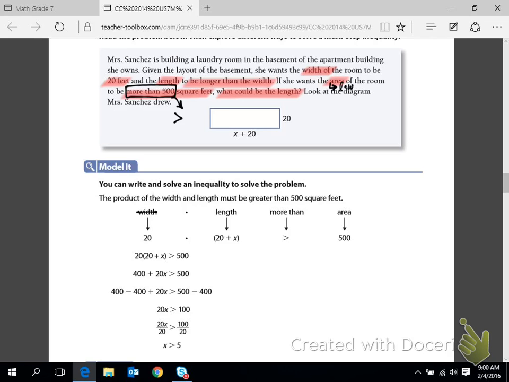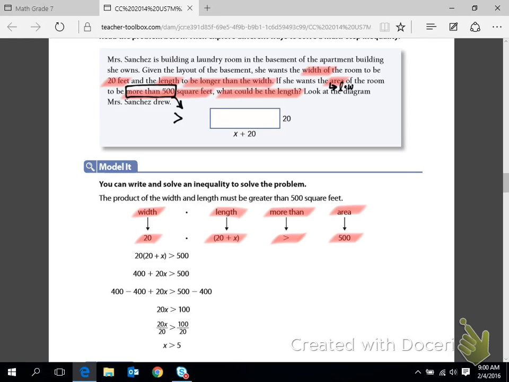The reason why they've chosen width times length is because 20 times (20 plus x) represents what property? Distributive property. And we want that to be greater than our area of 500 feet.